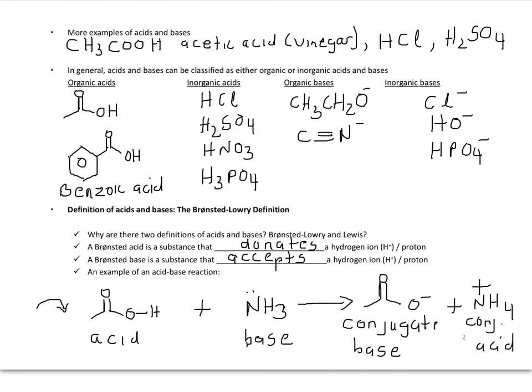Whereas an Arrhenius base is a substance that releases hydroxide ions, that is OH-, when in solution. So this definition was very limited because it only applied to those compounds that, when placed in solution, would release an H+. If it's a base and it's placed in solution, then it should release OH-.